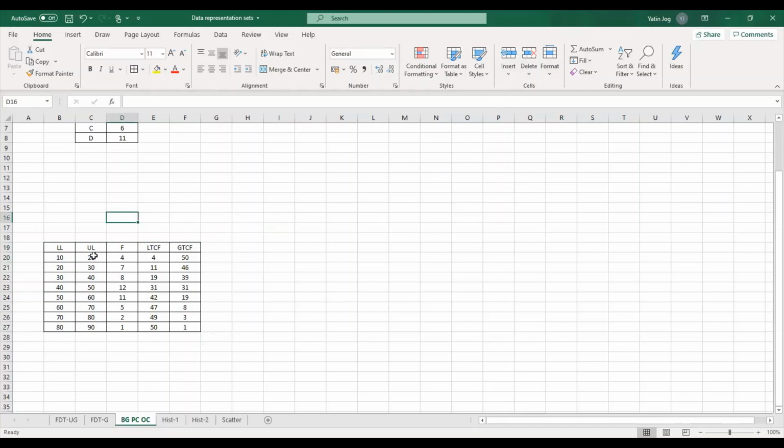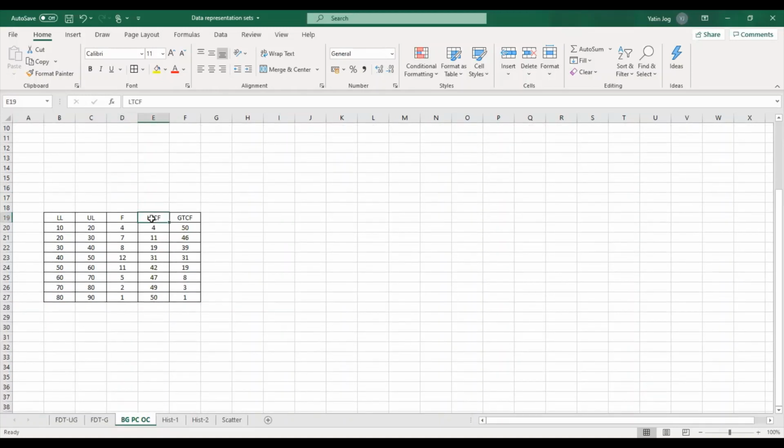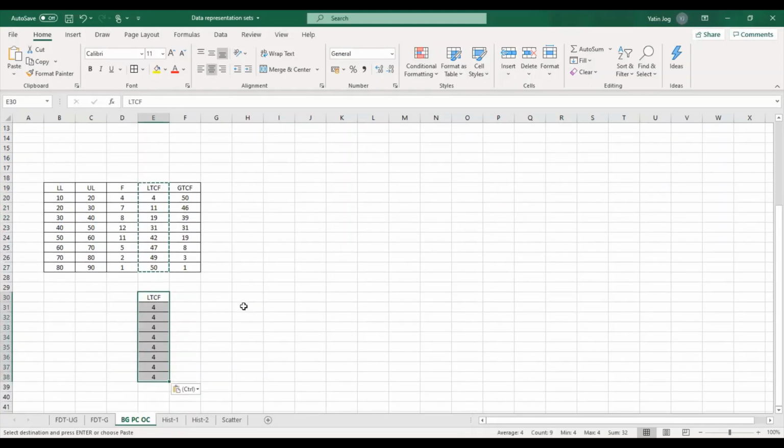Okay. So I'll create two different tables so that it will be easy for me to draw the Ogive curve. I'll copy this less than cumulative frequency as a separate column, maybe here itself. I have to copy them as values only because there is a formula. So this is my less than cumulative frequency and this is my greater than cumulative frequency.